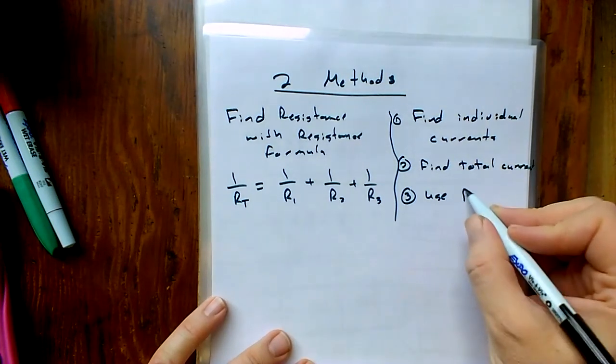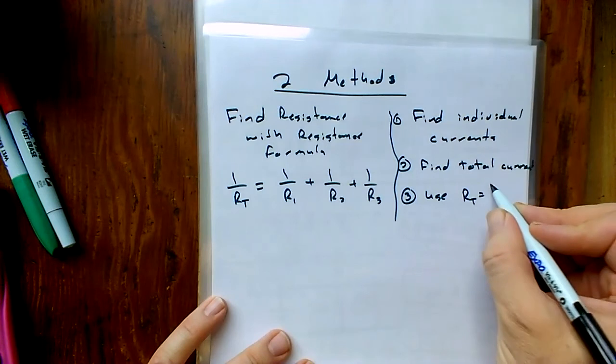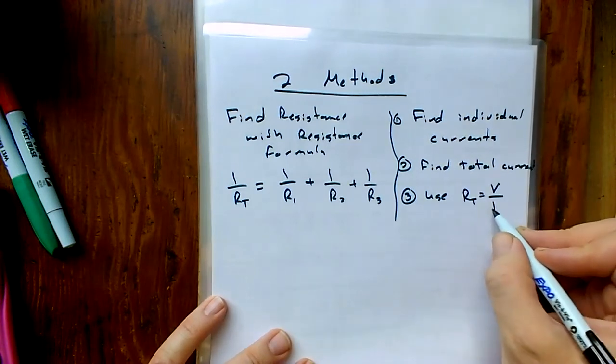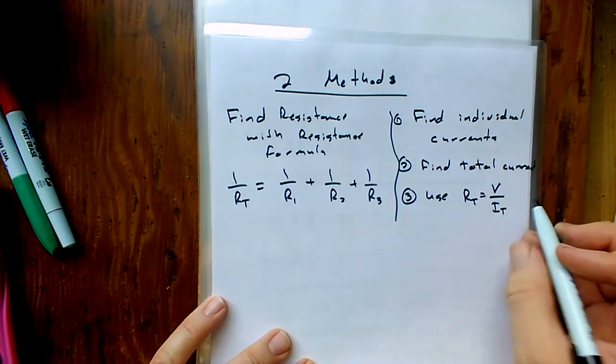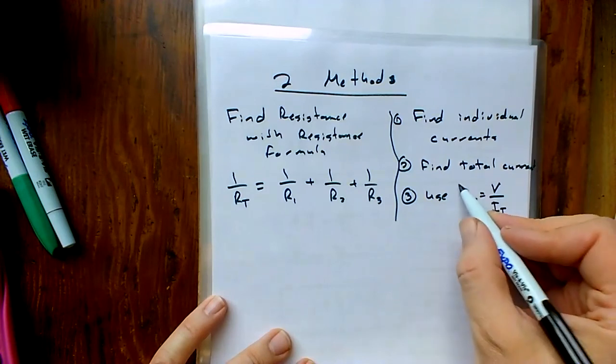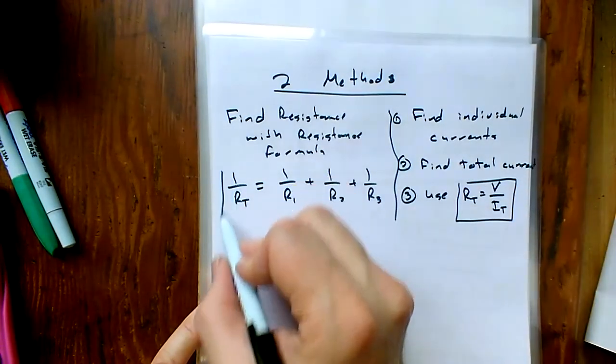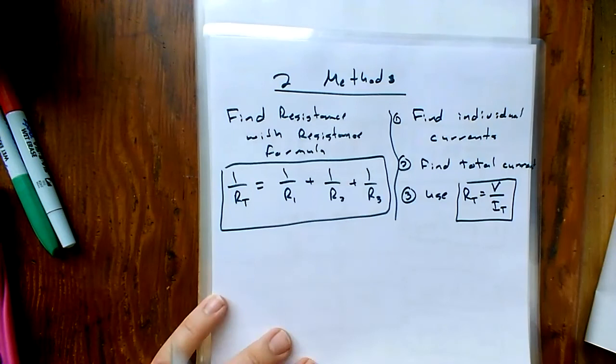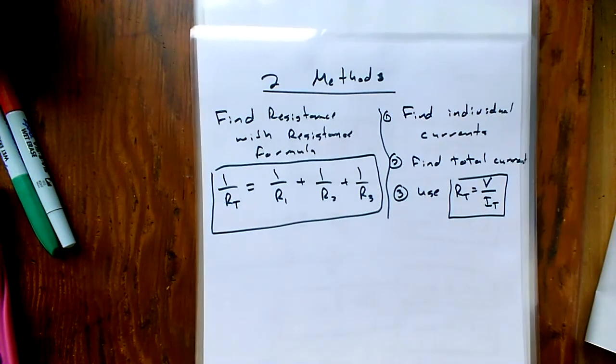So remember that total resistance is going to be equal to voltage divided by that total current. So we've got a couple good formulas for us to use. Hopefully this helps, and we will see you in the next video.